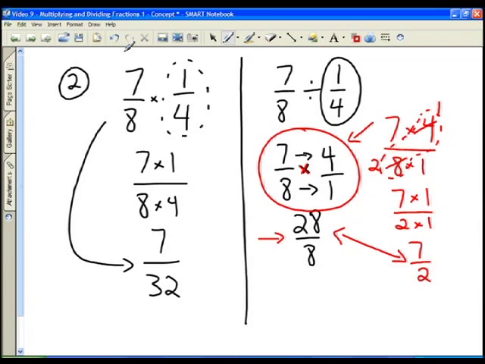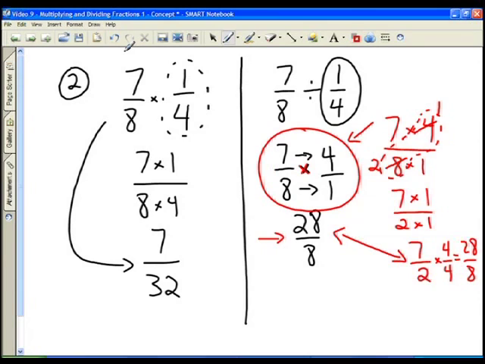And these two fractions are equivalent. 7 halves is equivalent to 28/8 because we could multiply 7/2 by 4/4, and this would give us 28/8.